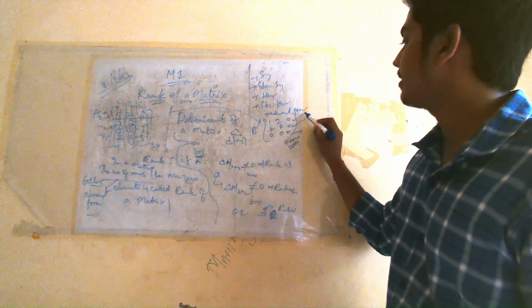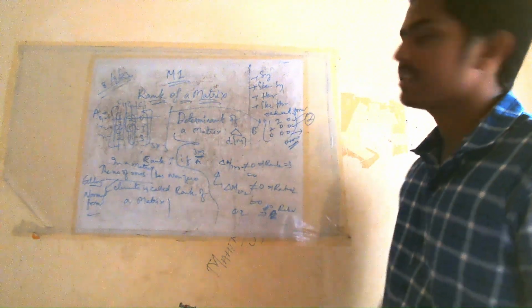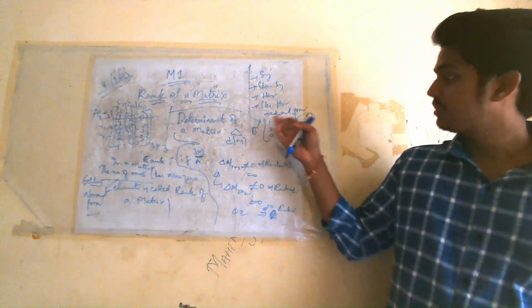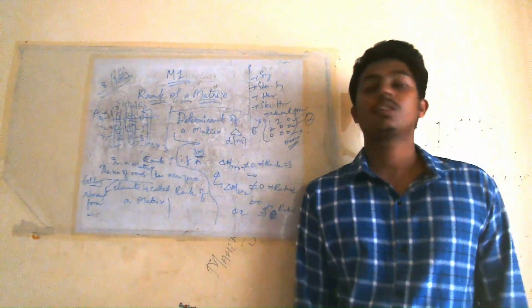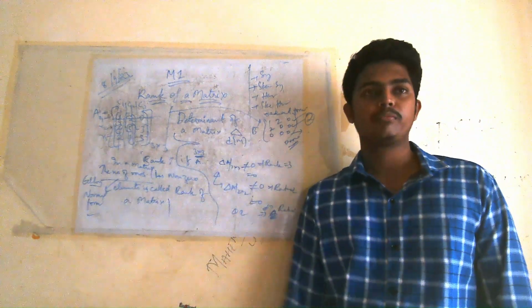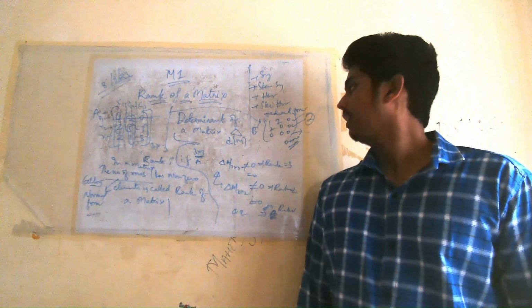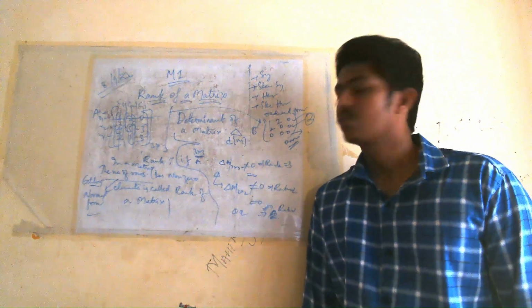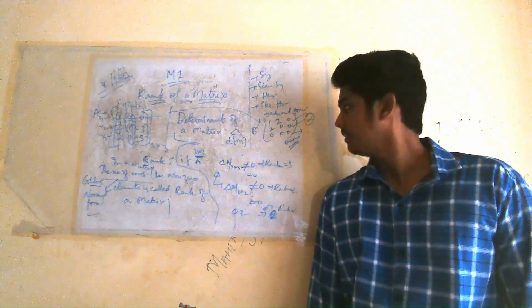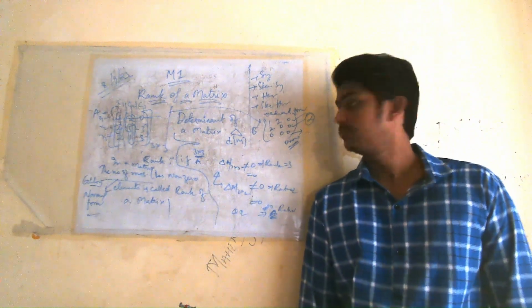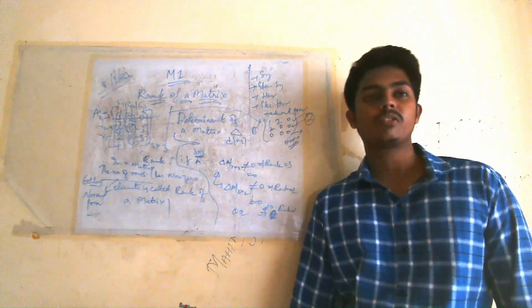The other two are non-zero rows. So two rows with non-zero elements are there, and these two are nothing but the rank of this matrix. Of course it is a simplified form; you cannot simplify further. So it definitely has 2 non-zero rows, and the rank of the matrix is 2.